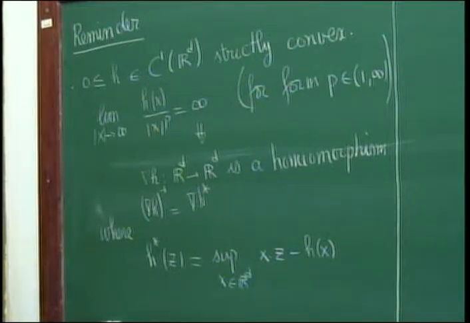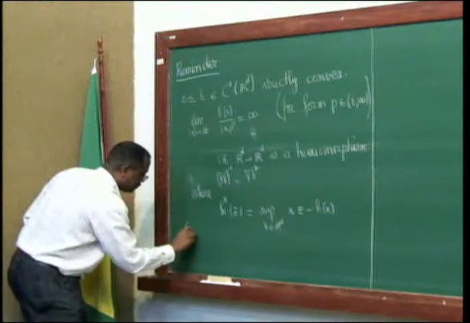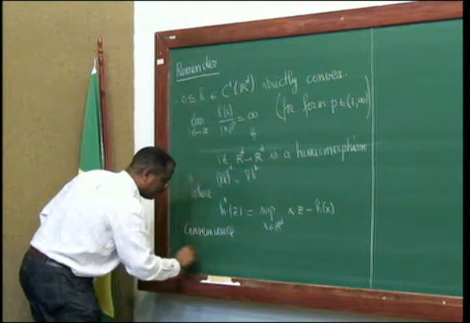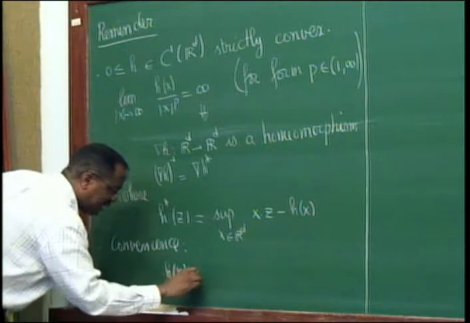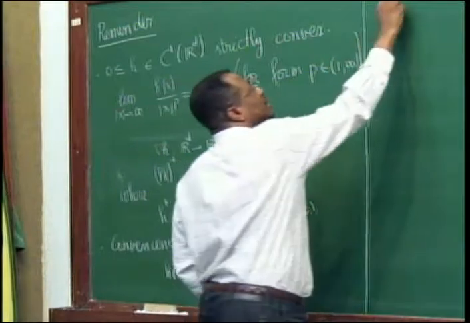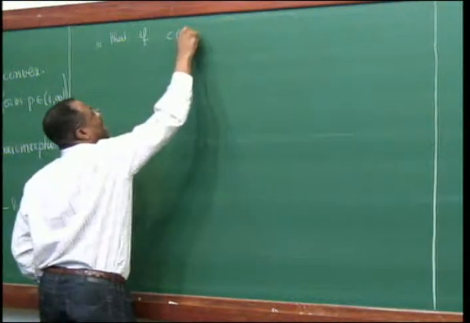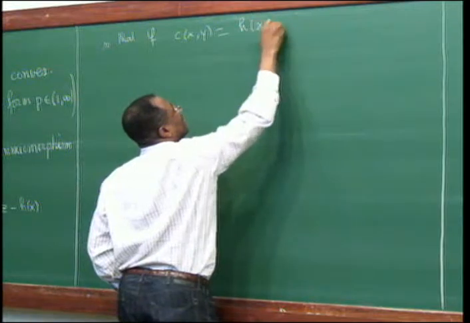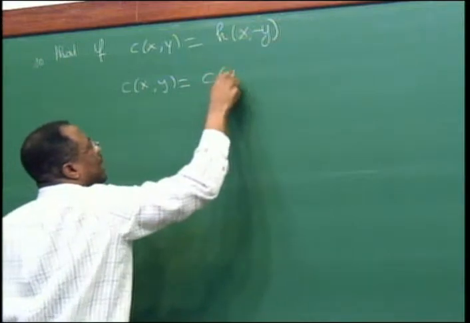And just for convenience, I have assumed that h of z is h of negative z, so that if c of x, y is set to be h of x minus y, c of x, y will be equal to c of y, x.